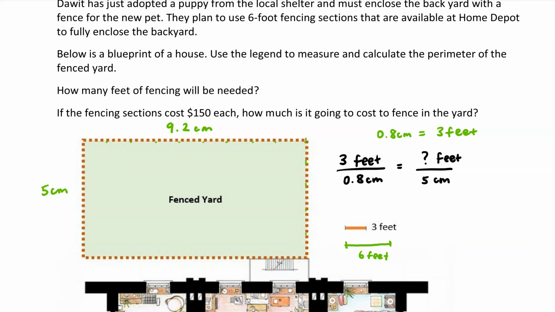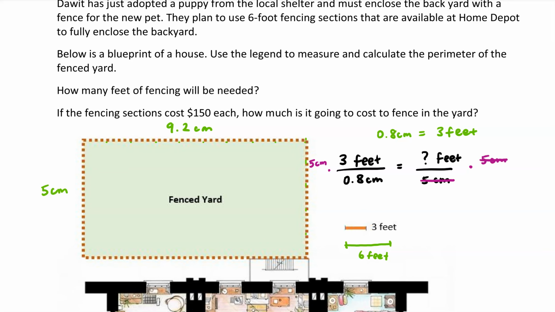Now notice that I put a question mark. You can put an X or whatever you would like there. Notice that I have an equal sign here, and I have a 5 in the denominator on the right side. So I can multiply this by 5 centimeters and multiply this by 5 centimeters as well, and that will divide with that.